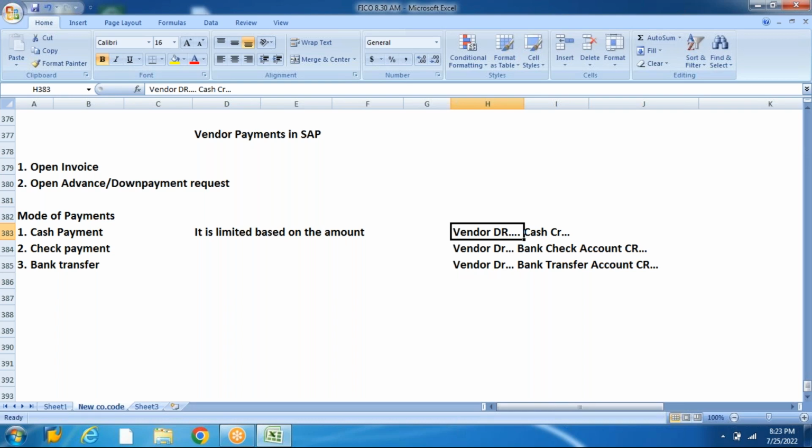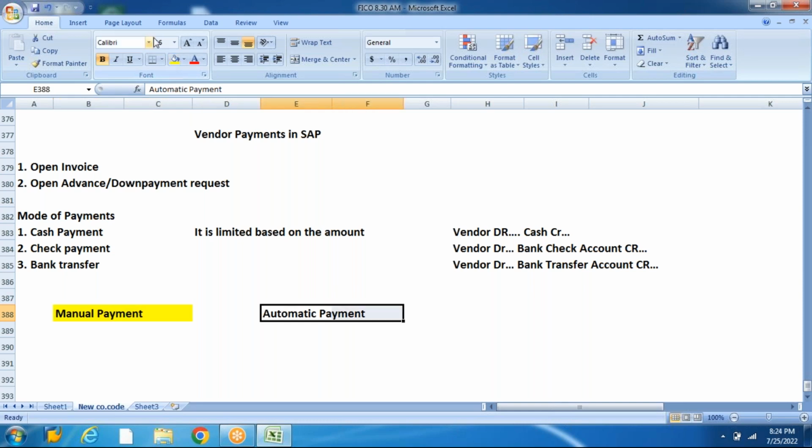Now, there are two ways. One is your manual payment and the other one is your automatic payment. If it is a manual payment, you manually record the payment.